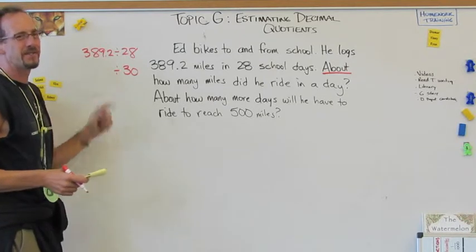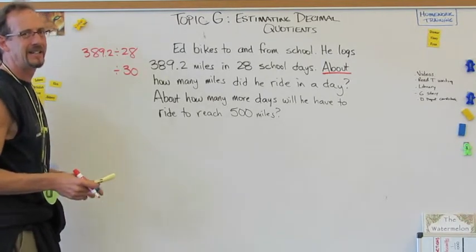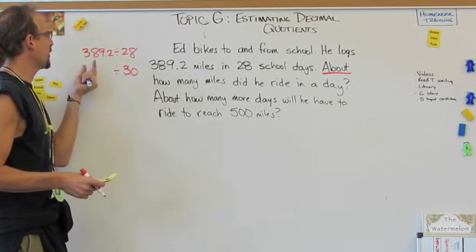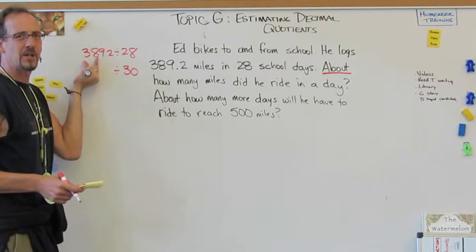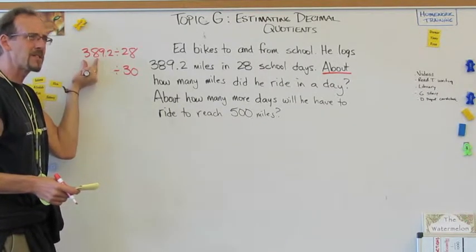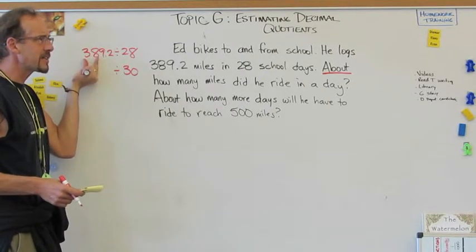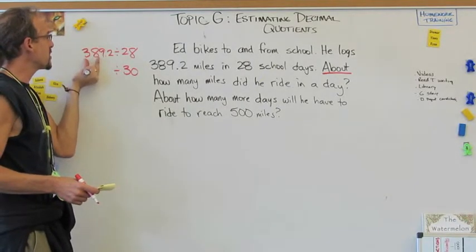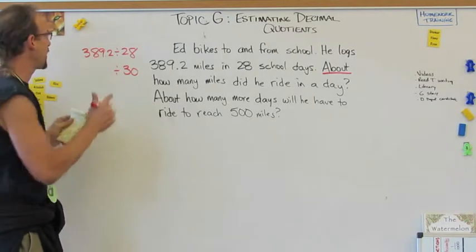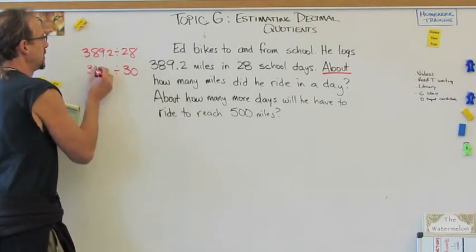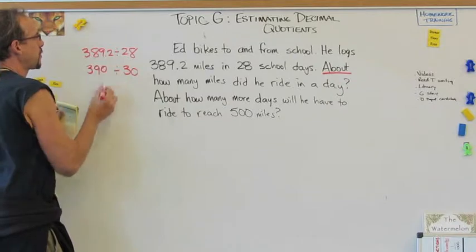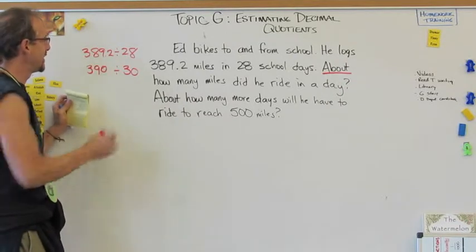Gosh, 300 isn't very close to 389. Maybe I can go further. 10 threes is 30. 11 threes is 33. 12 threes is 36. 13 threes is 39. That's very close. I'm going to round that off to 390.